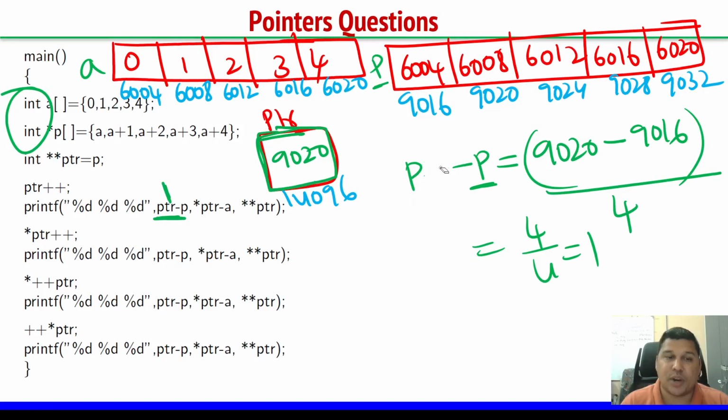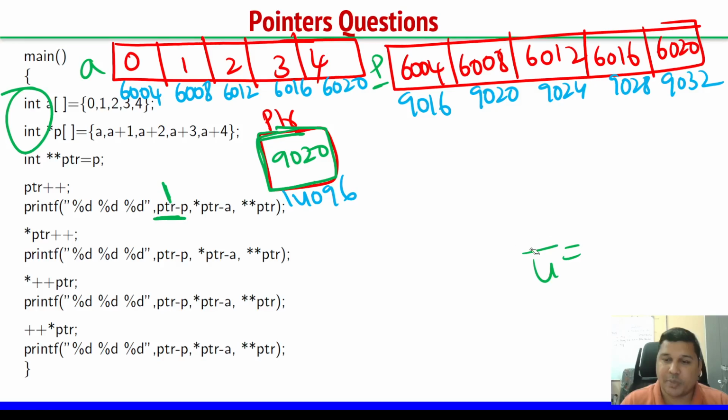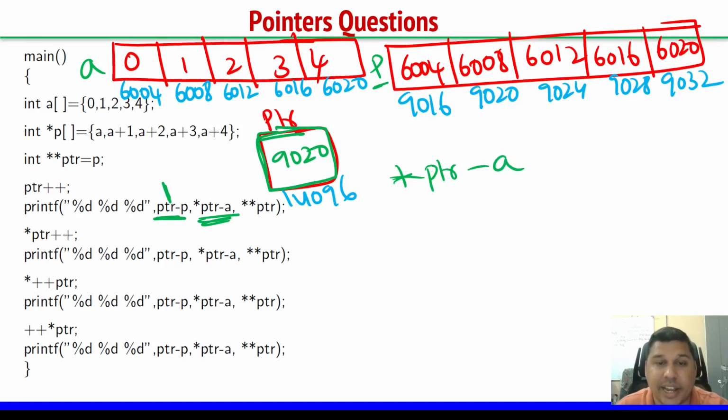Now tell me the other one, the second one, star PTR minus A. Students, please guess the answer. Tell me what is star PTR. What is this value? Star PTR minus A. What is the value?